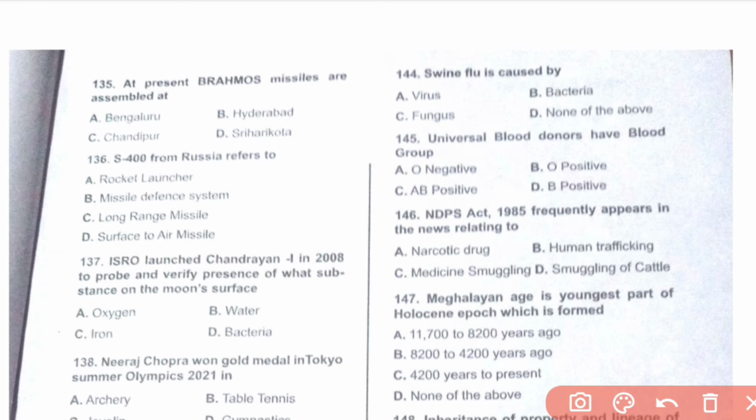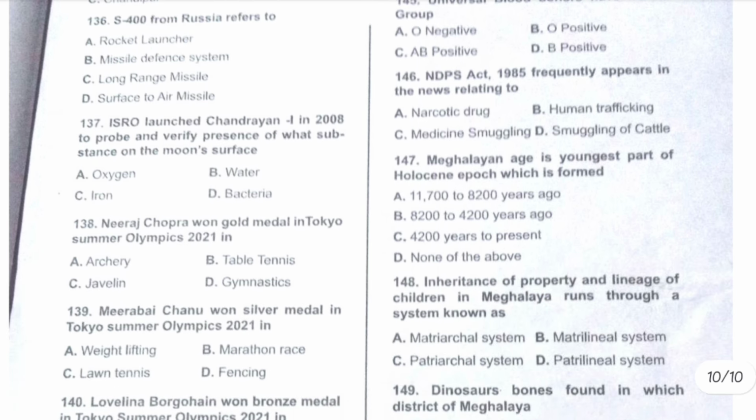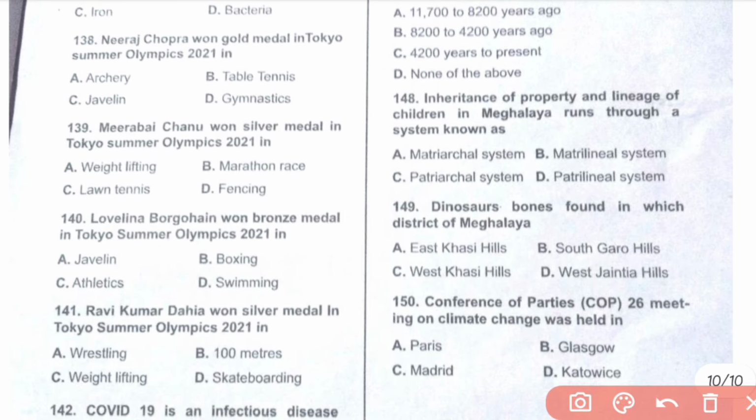At present, BrahMos missiles are assembled at, maybe, Hyderabad. S-400 from Russia refers to a missile defense system. ISRO launched Chandrayaan-1, which found evidence of water. Neeraj Chopra won the gold medal in the Tokyo Summer Olympics in javelin.